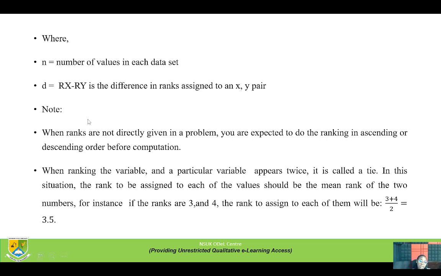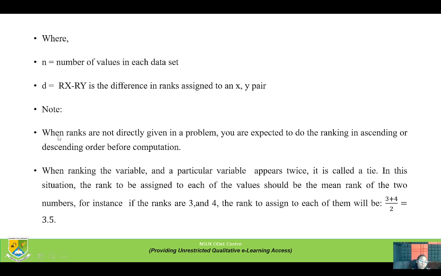Note that when computing the Spearman's correlation coefficient, there are problems or exercises where the ranks are given from the onset. The ranks are given in the question, and there are some where the ranks are not given.